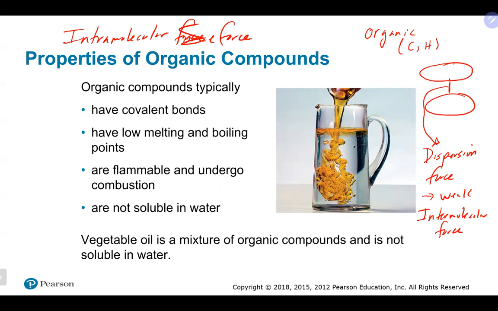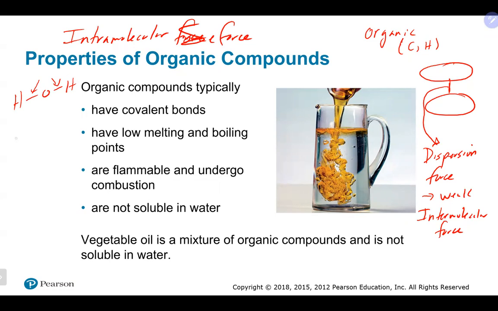So for example, if you took something like water, the oxygen hydrogen bond where they're sharing electrons, which is the covalent bonding, is an intramolecular force within the single molecule, and that's what holds the one water molecule together.